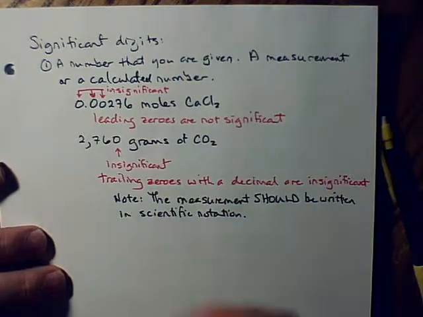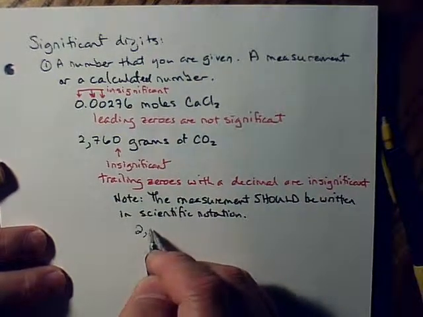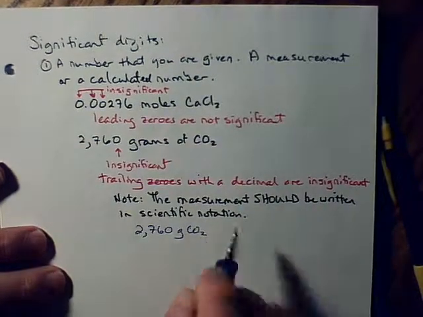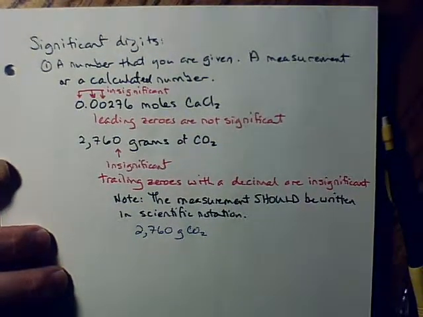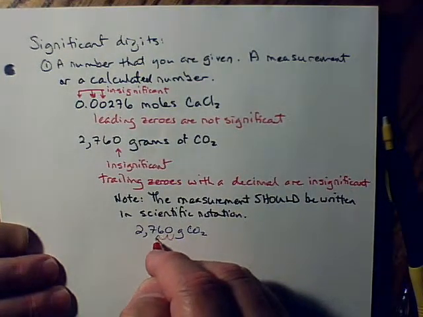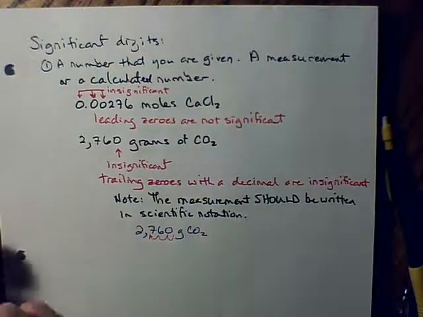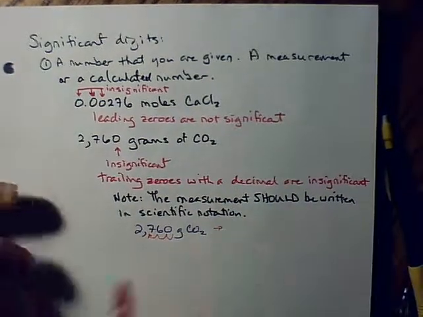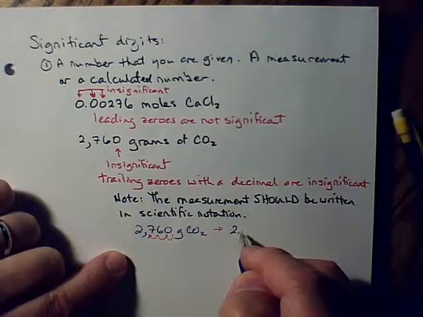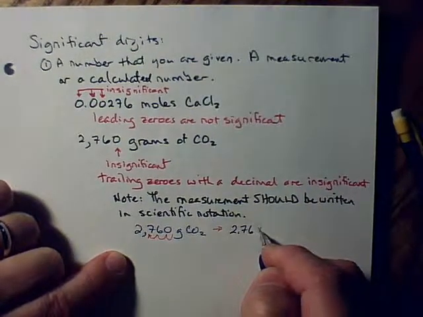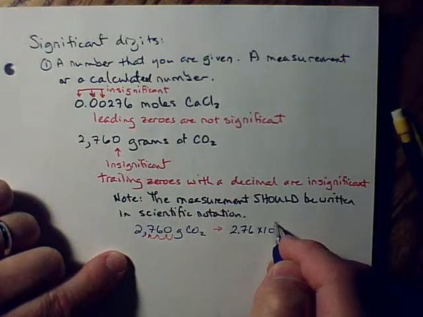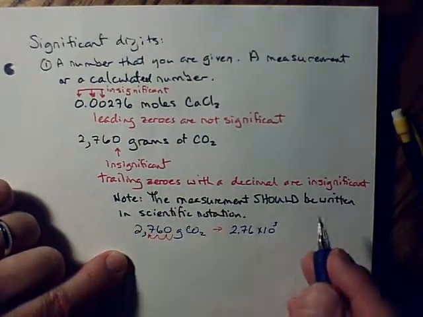So we take this 2,760 grams CO2, we move the decimal place 1, 2, 3 places to the left, and we should write the answer then as 2 point something times 10 to the third power, because we moved it 3 places.